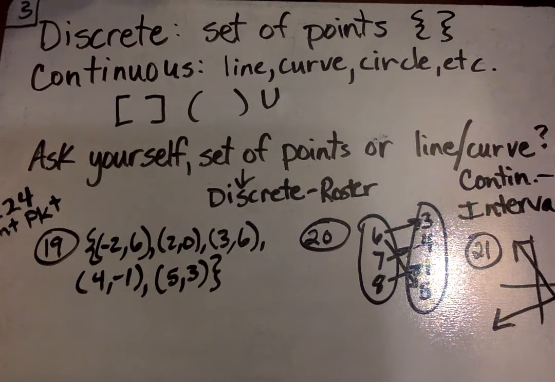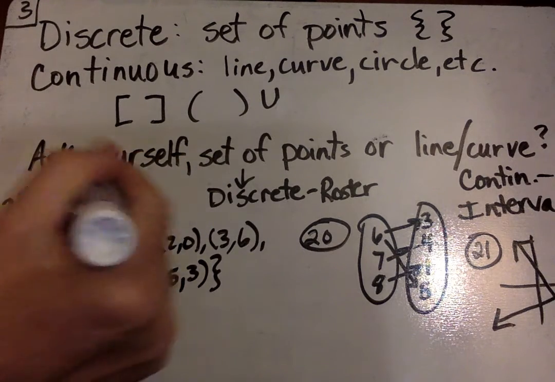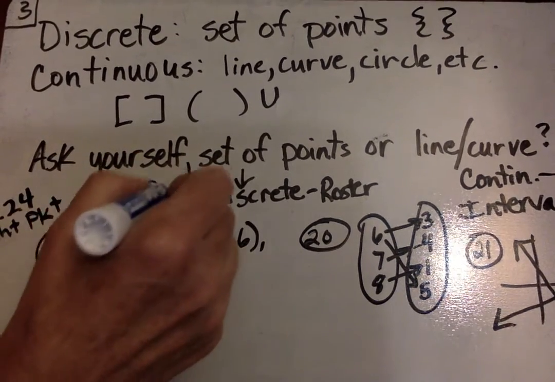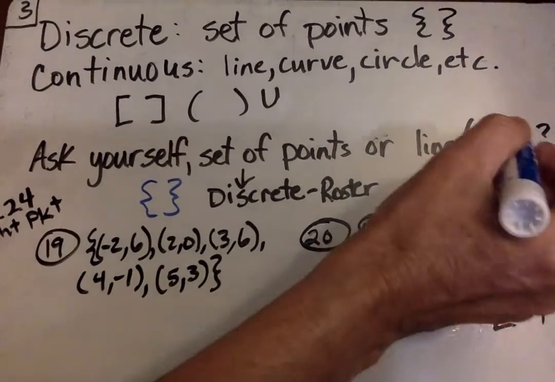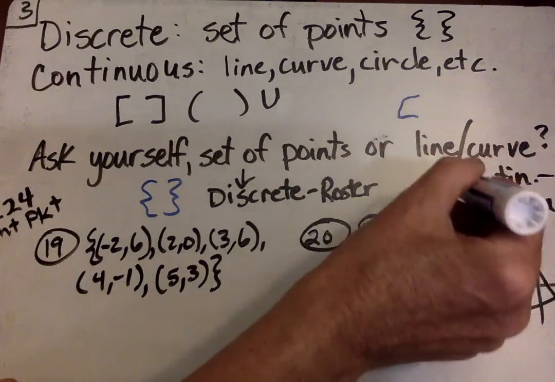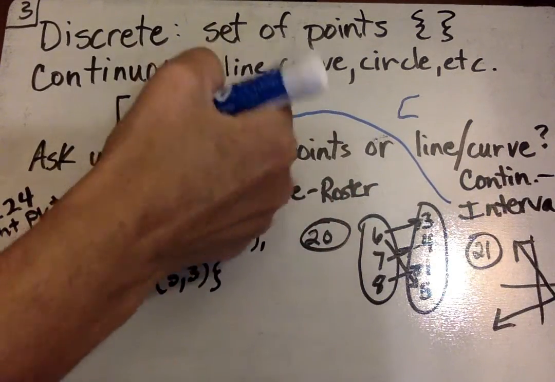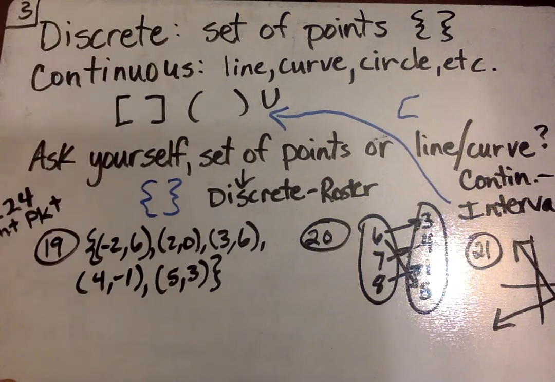If they're just points on a graph, then it's discrete. So discrete is going to be a roster, which means curly brackets like this. And curve means it's going to be interval, which means you're going to have something like this. Again, interval notation includes all of that. Usually you don't use intersections that much in intervals.